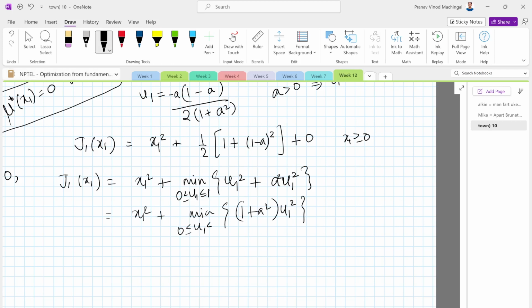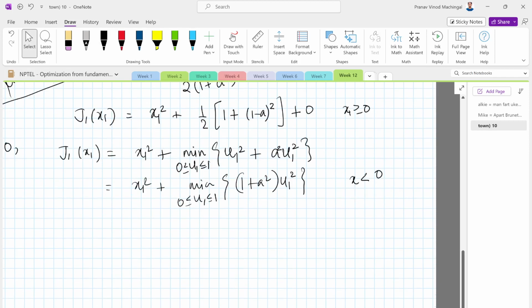So this is for when x is less than 0, and this is again a quadratic with positive coefficient. And as you can see, the minimum of this will be at u1 equal to 0.